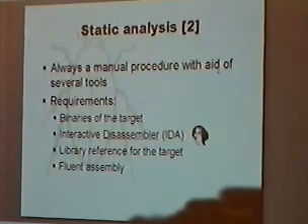You should actually have a library reference of your target. There is no point in disassembling a binary and looking at calls to vulnerable library functions if you don't know what those are and how they work. So better get the documentation on the target system you're dealing with. And, well, you should be fluent in assembly.